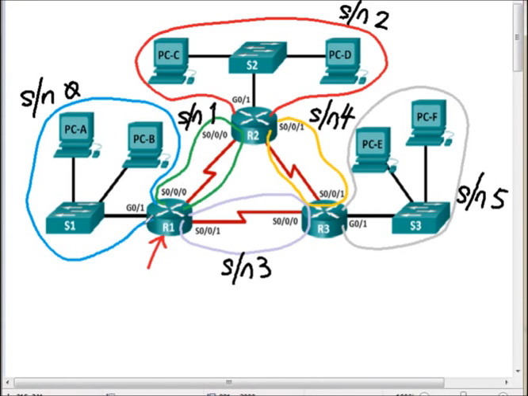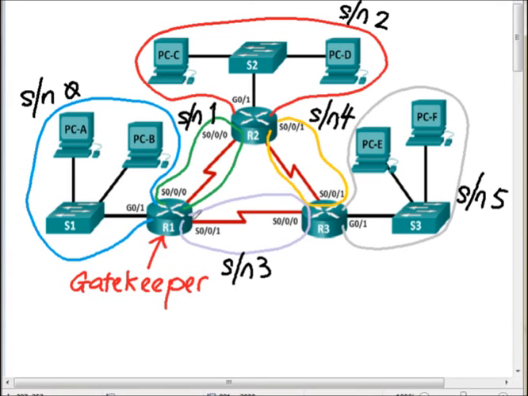Why is that so? If you look at subnet 0 over here, the entrance to or the exit from subnet 0 is actually R1. So R1 is acting as a gatekeeper for subnet 0.